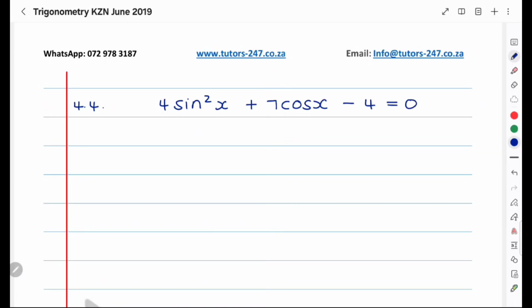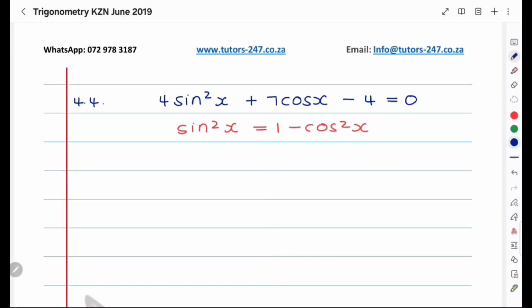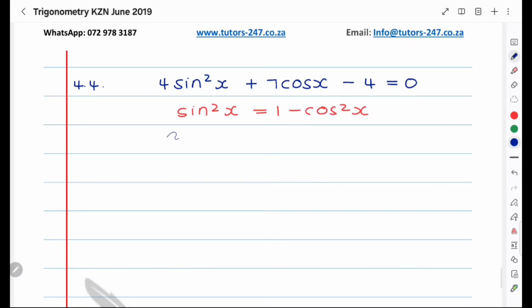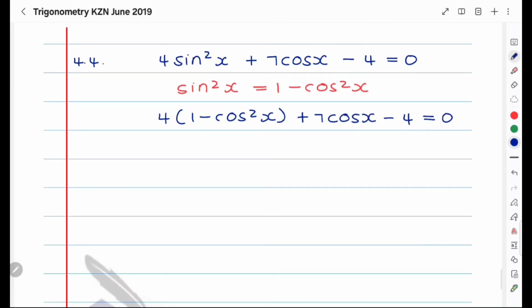So from here, we are going to change sine squared x into 1 minus cos squared x, as it is better to have a single ratio in your equations when solving. So it'll become 4 into 1 minus cos squared x plus 7 cos x minus 4 is equal to 0.